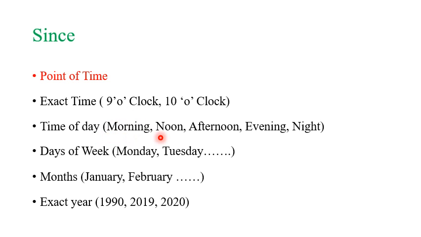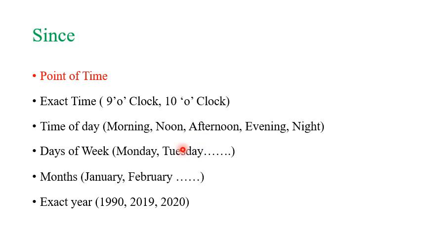The times of day, like morning, noon, afternoon, evening, night, are also points of time. When somebody says that he has been doing this since morning, then we suppose that he is talking about today's morning, that has just passed.